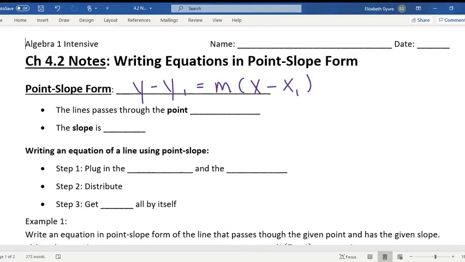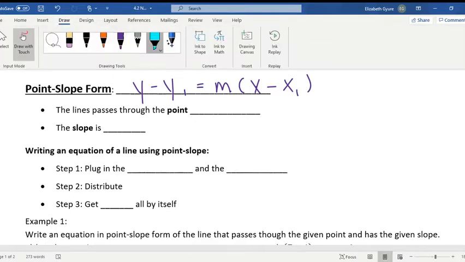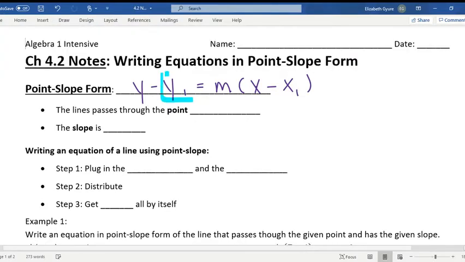All right. So how this works is that you are going to have a point and a slope, right? There's actually a point and a slope in this equation that I have written for you. If you look here, see this y1 and this x1? That's actually your point.